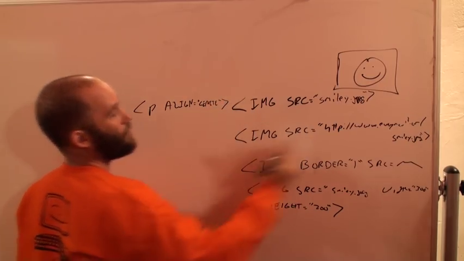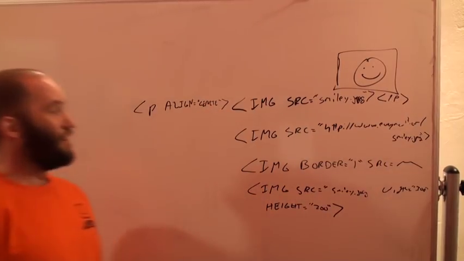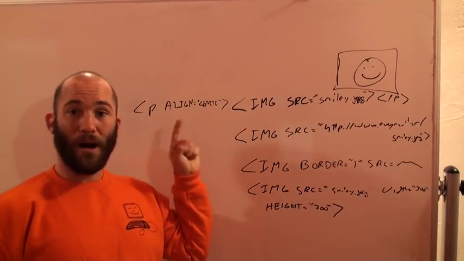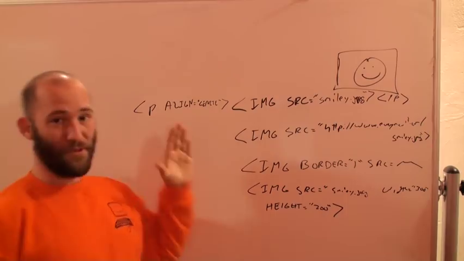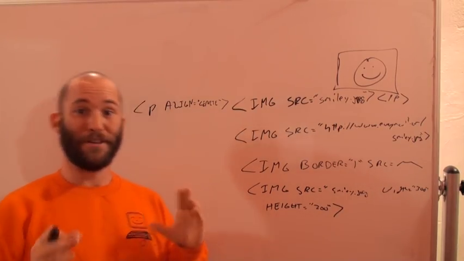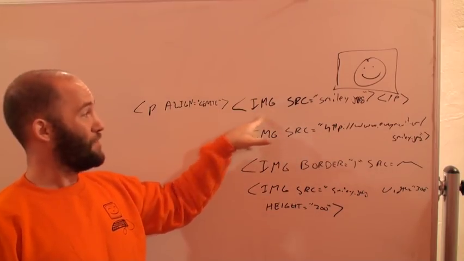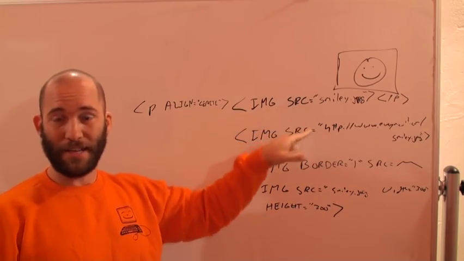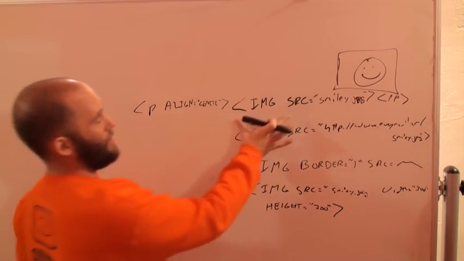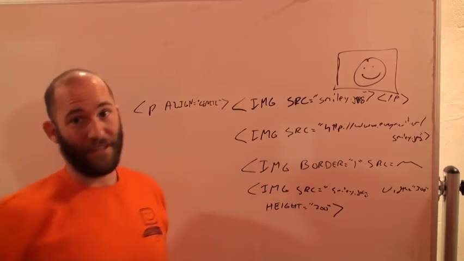And so you open the paragraph, and then at the other side, you close the paragraph. That's how you move a picture into the middle of your page. So just remember, you cannot put the align command into the middle of image src. You have to put the image src whatever into the middle of a paragraph tag.